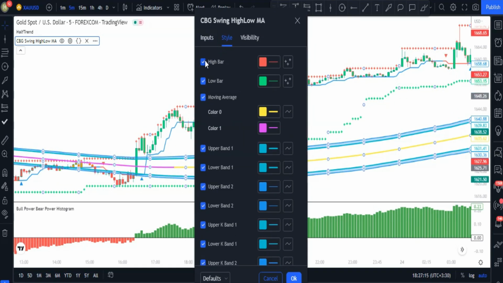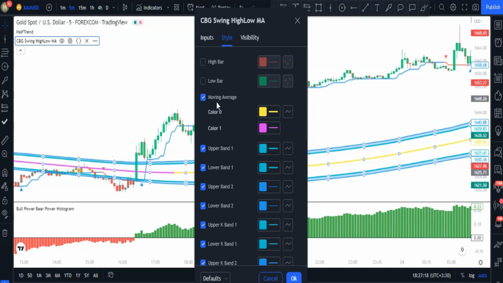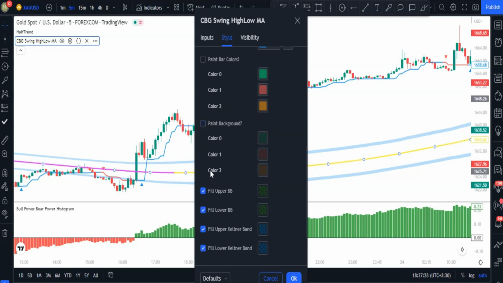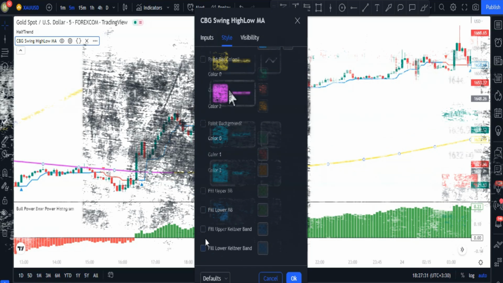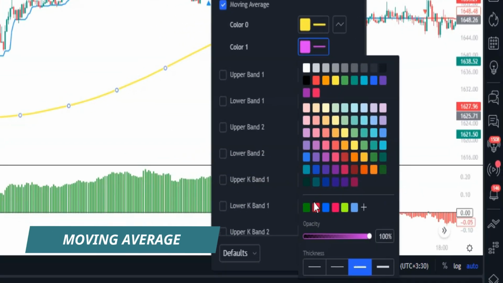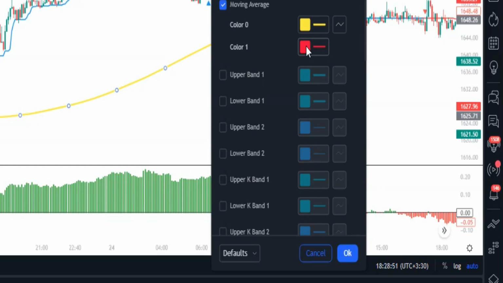Now in the style menu, follow my steps. As you can see, we only need the moving average, so I'm going to change the color one to red. You can choose any color you like.